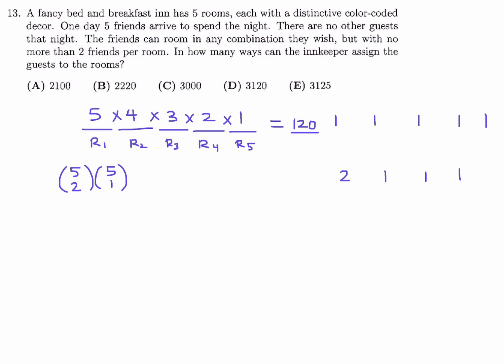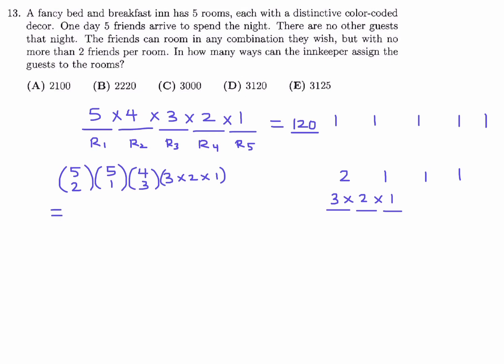And then from the remaining 4 rooms, we have to choose 3 for these 3 friends. And then in those 3 rooms, we can place the 3 friends as follows. 3 friends for the first room we can choose from. Then we can choose from 2 friends for the second room, and then 1 friend for the last room. So that is why we put this 3 times 2 times 1, like that.